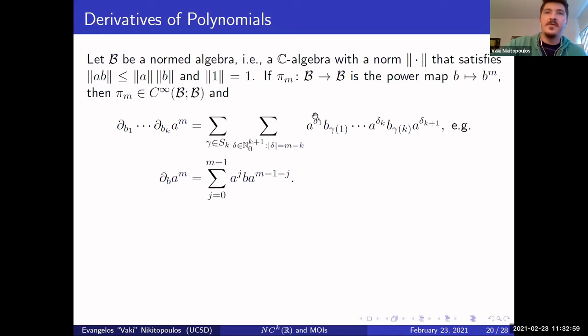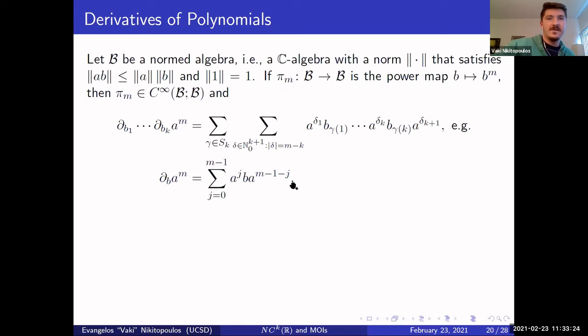And we're splitting up this power a to the m minus k and distributing it around all of the directions. So this order corresponds to the fact that when you take the kth derivative of x to the m, you need to take down k powers of the input power. So that's this non-commutative power rule.